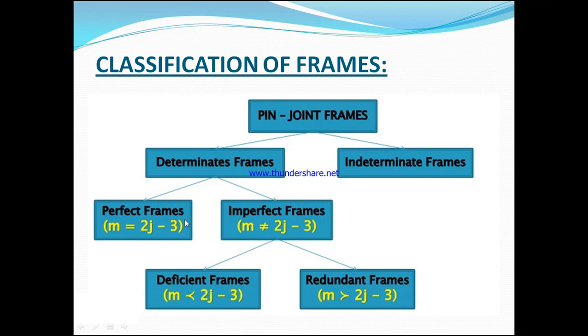This we'll discuss in the next slides. Again, imperfect frames are classified into two types, that is deficient frames and redundant frames. All these come under the category of pin jointed frames, that is determinate frames, whether perfect or imperfect, and again in imperfect, deficient and redundant.